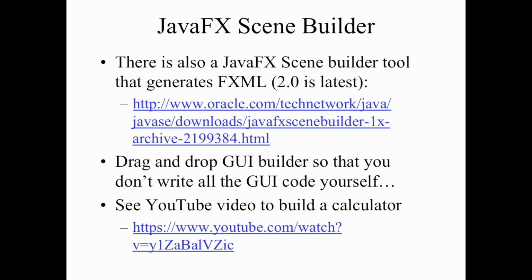One of the advantages of that is that you then know what goes on under the covers, and also sometimes you can get strange errors that occur when using FXML that are difficult to debug. If you've written the code yourself, at least you can see precisely what's going on.